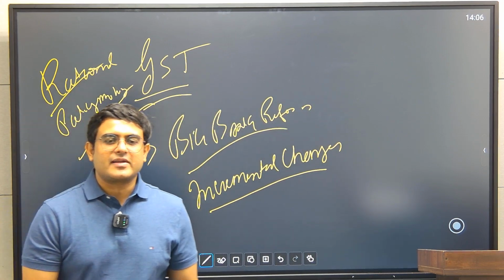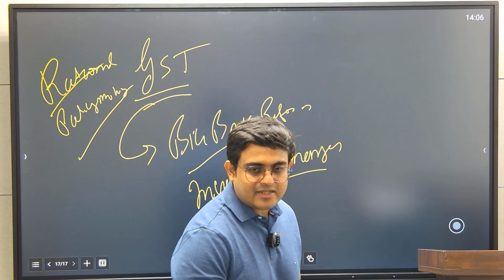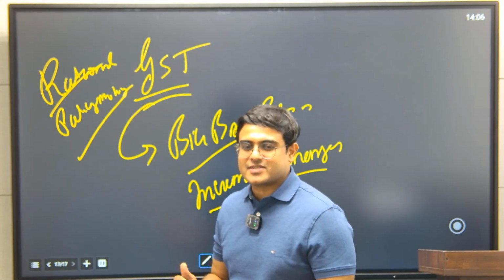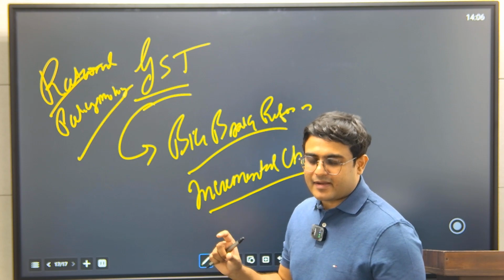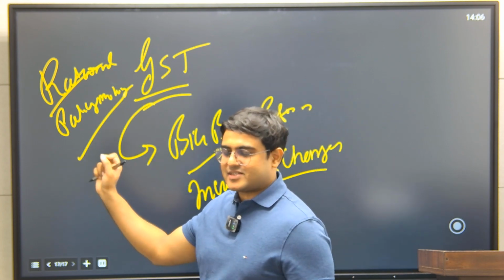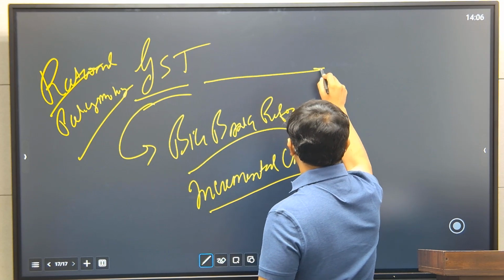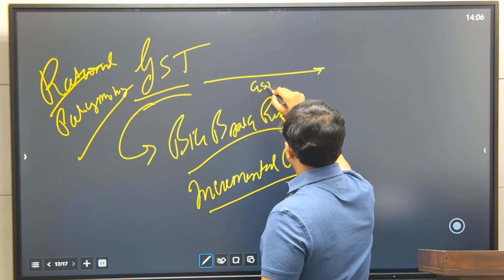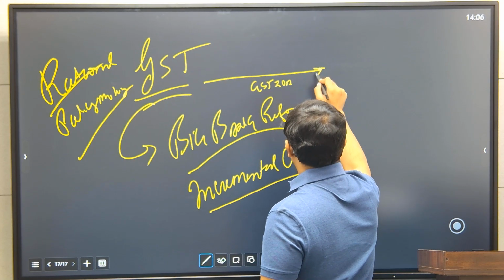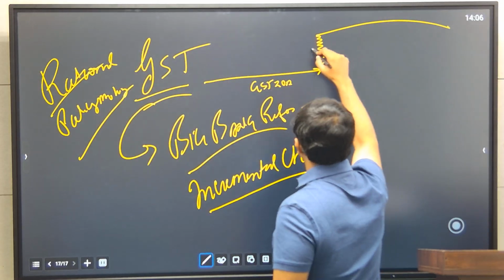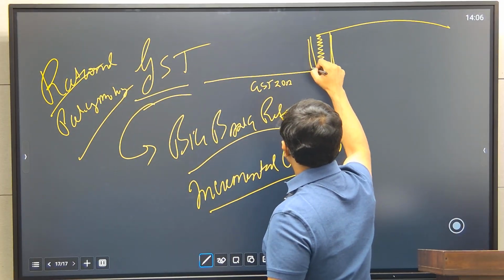The incremental model of public policy, incrementalism, Lindblom. First big bang, then incremental changes. See this model: the big bang was GST, implemented in 2017. Now incremental changes are required before another big bang comes. So this is what incrementalism is.